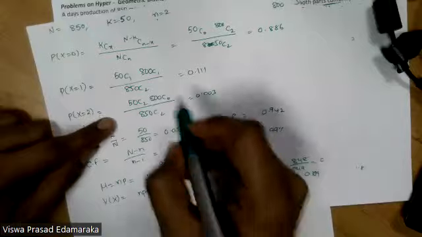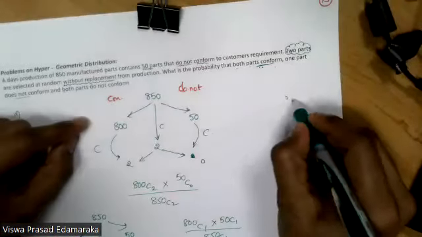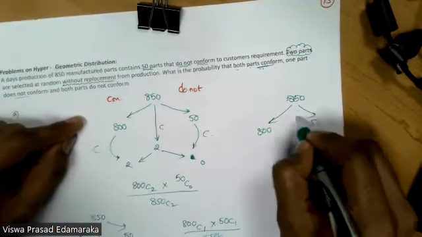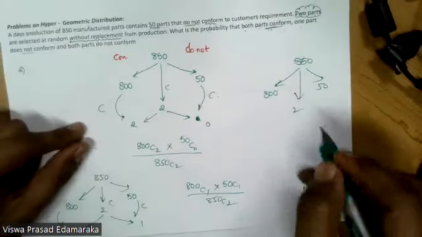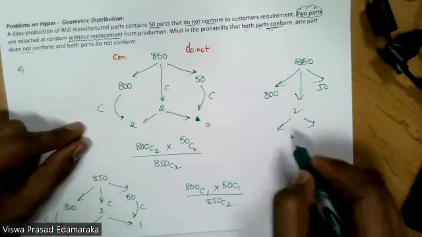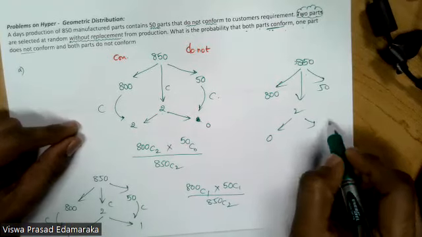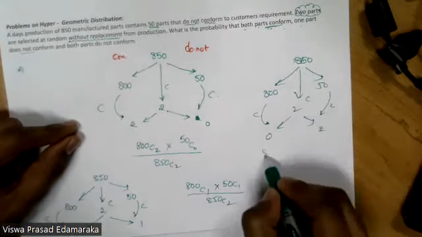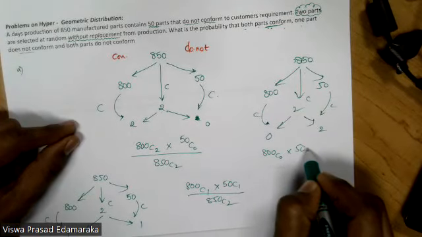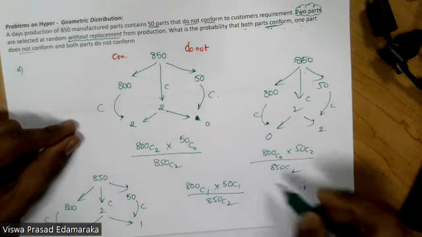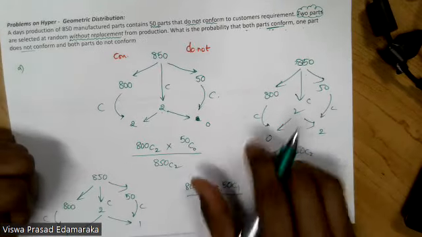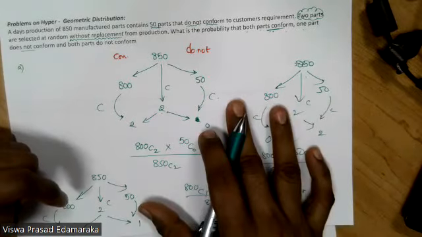We will get the same. And finally, 2 are drawn from 850. Now both are do not confirm. That's it. C, 800 C0, 50 C2, 850 C2. Very simple technique, hypergeometric. You can do any type of problem using this formulation.